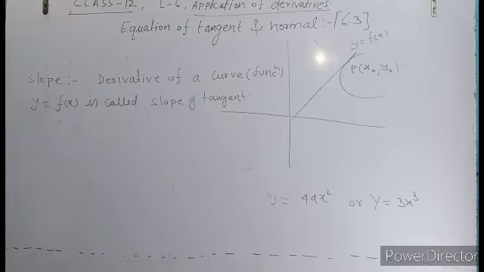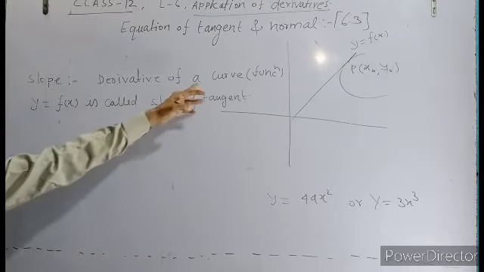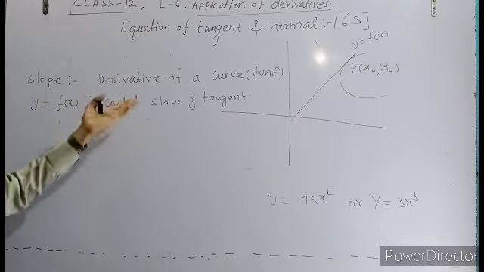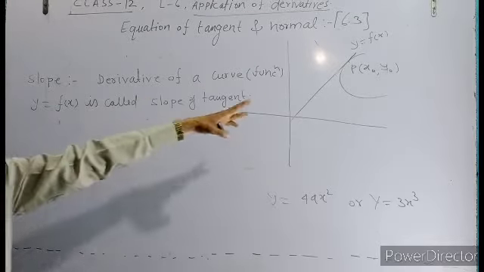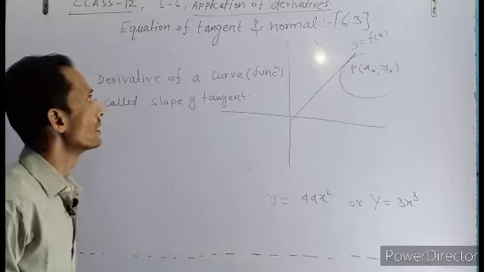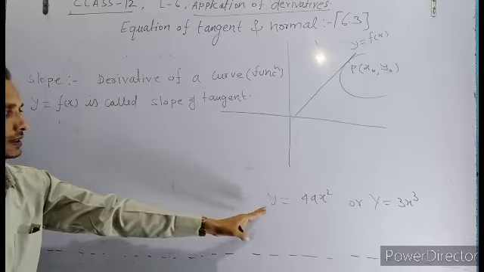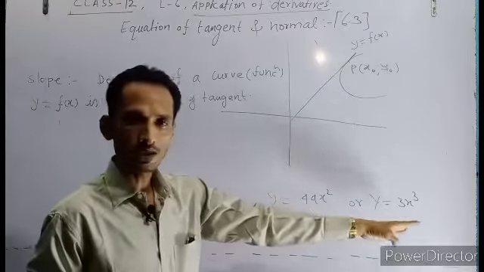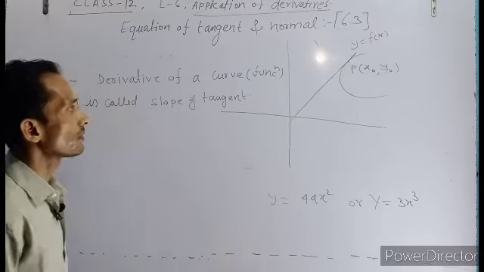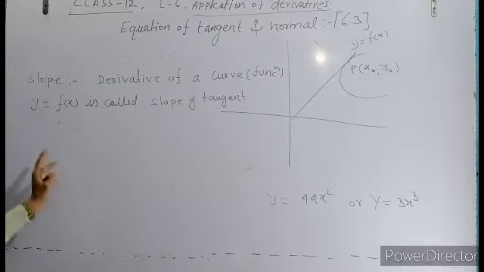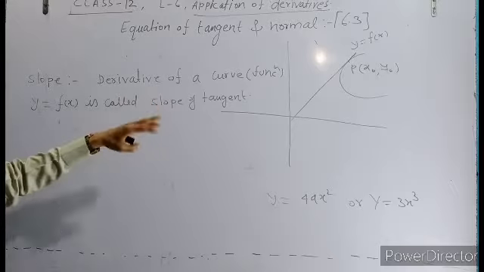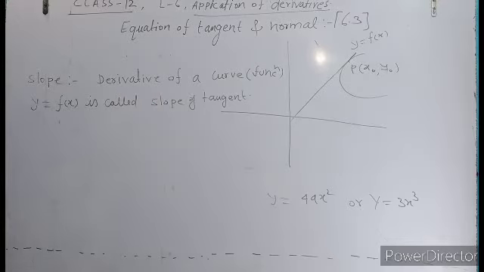Okay, the slope of the tangent is the derivative of a curve or function y equal to f(x). Here y equal to f(x) may be a curve like 4x square or 3x cube, different kinds of curves, but we have to find the derivative of it, and the derivative is called the slope of the function.